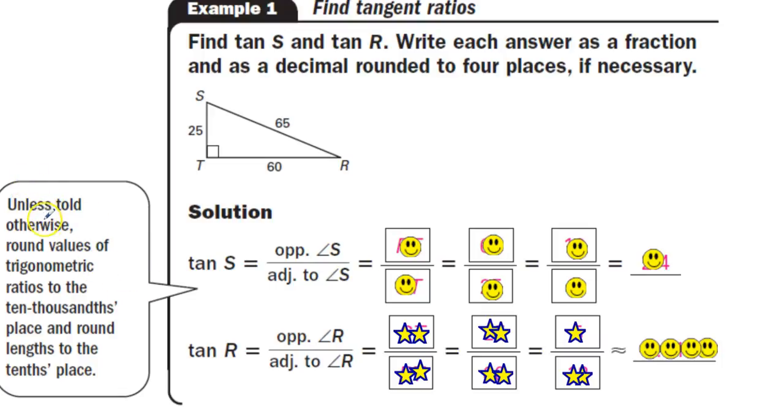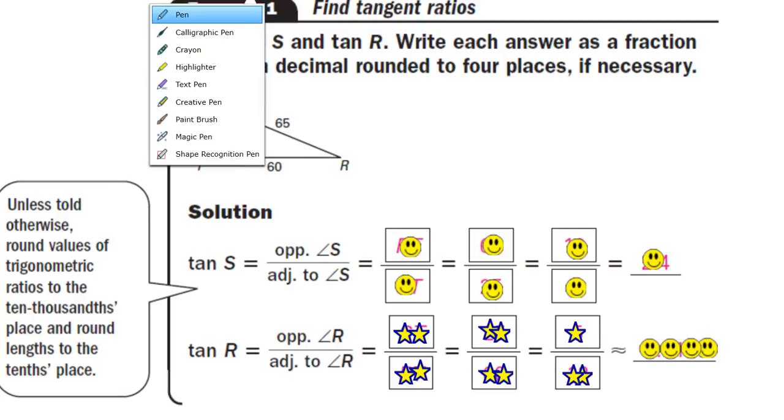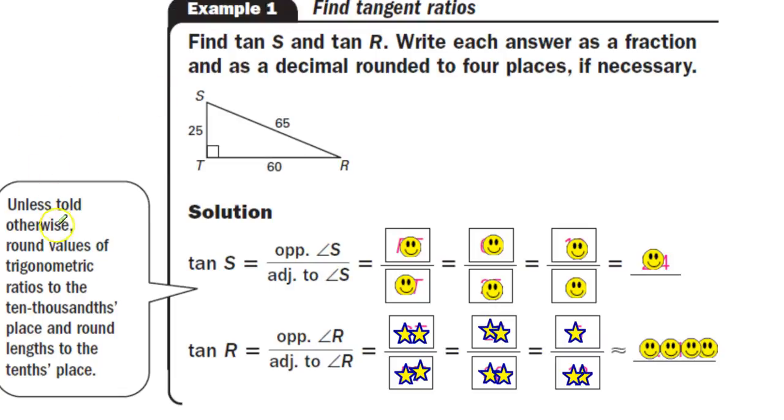Notice this: unless told otherwise, round values of trigonometric ratios to the 10,000ths place, and round lengths to the tenths place.